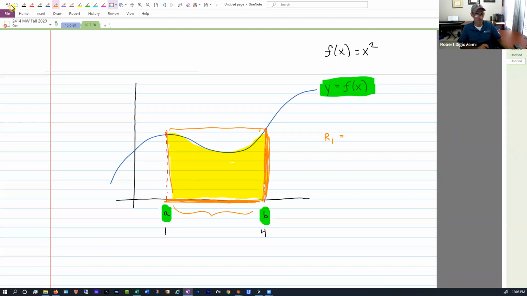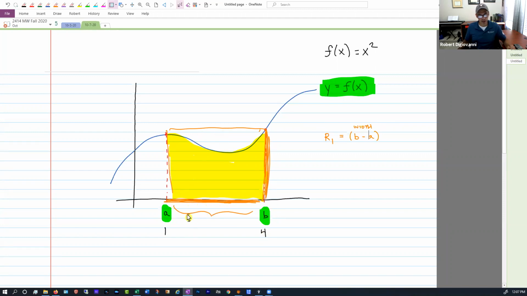Isn't it B minus A? Okay, so if we were using 1 and 4, wouldn't this be 3? Right. And so you're just doing 4 take away 1, right? So do y'all understand that the width of that rectangle, I'm going to put it here, would be B minus A? Yes?